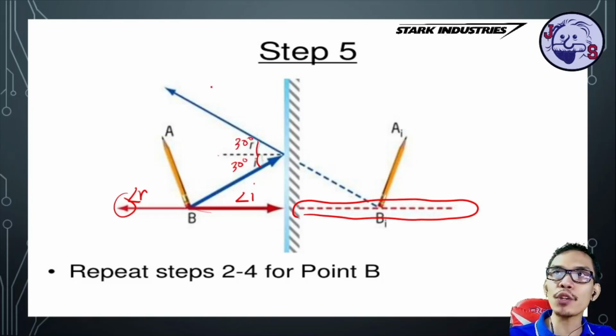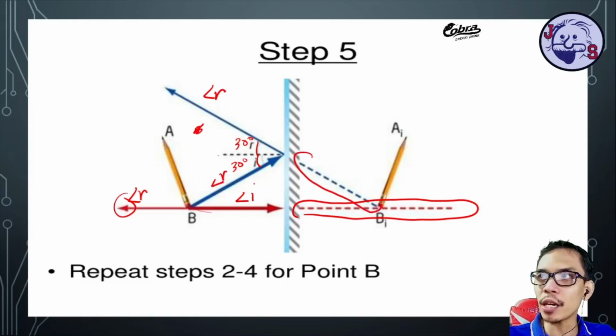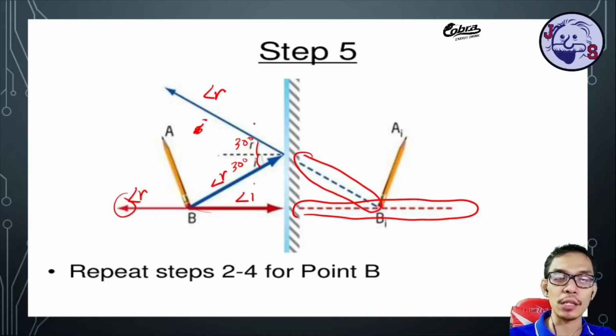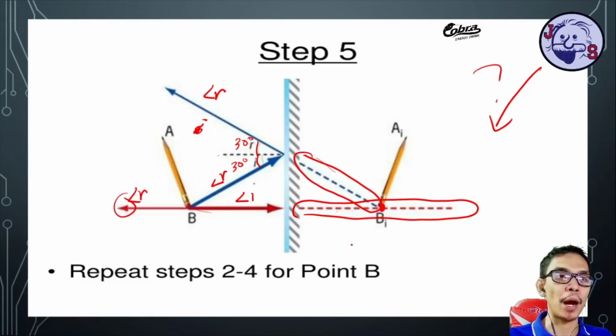The broken line that you see here is the continuation of the reflected ray behind the mirror. So when these two broken lines meet on this side of the mirror, it will showcase the bottom part of the image.